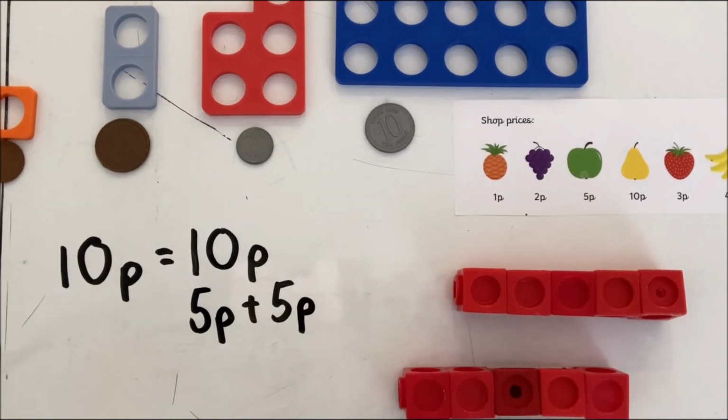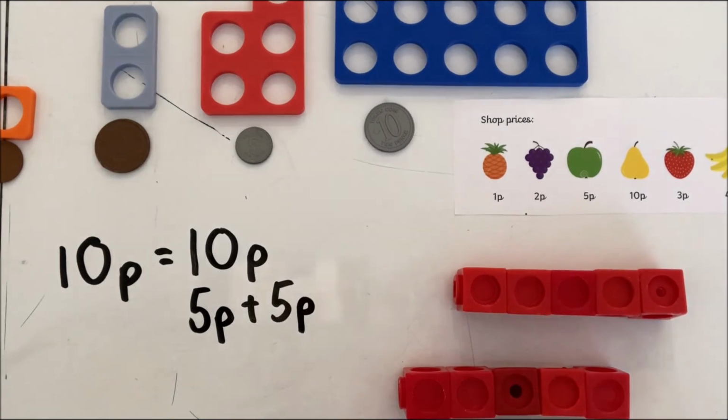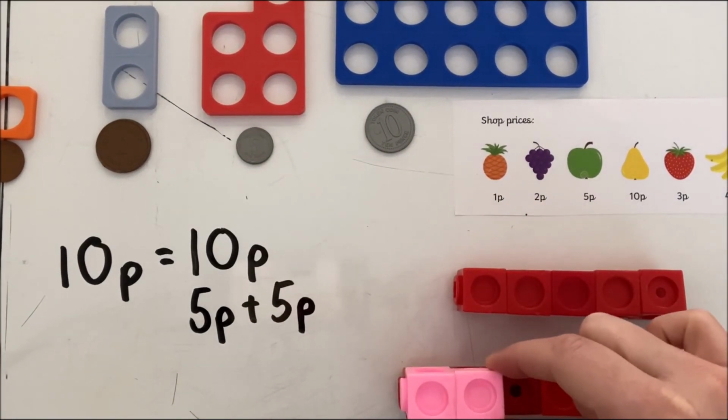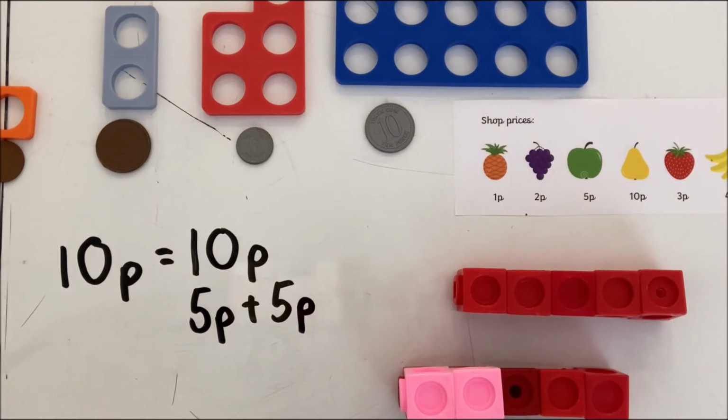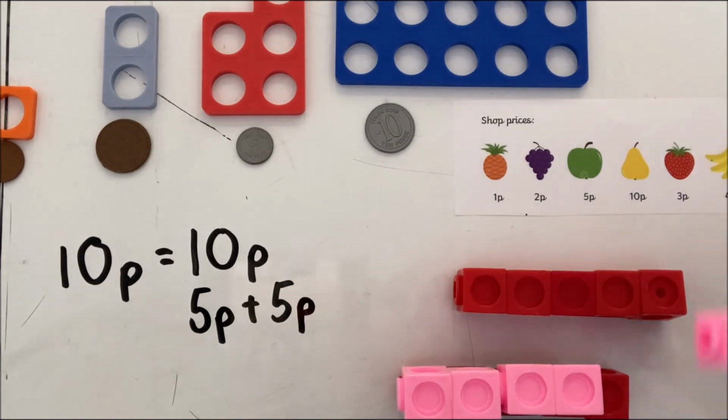Now let me have a think. Let's see if I can use any 2p's. A 2p will fit inside a 5p. So will another one. I can't fit on another one though. I've only got one space left, so it would have to be a 1p.